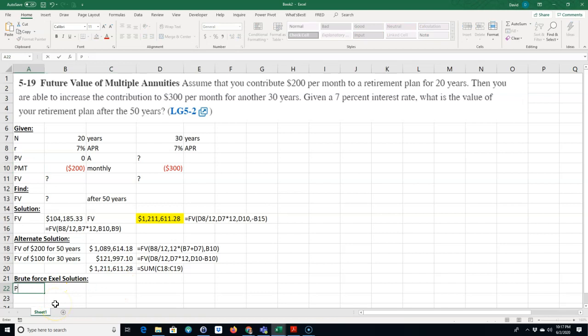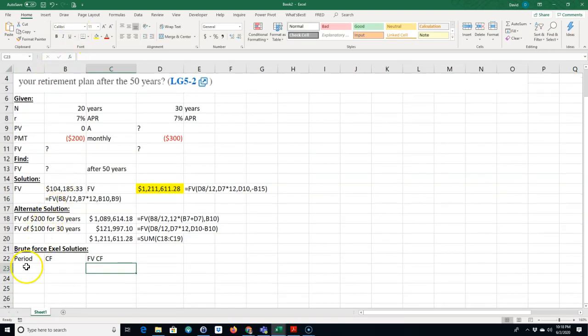So we say period. And then we go cash flow. And we go to the future value of the cash flow. Okay. And we're going to start out with period 1.